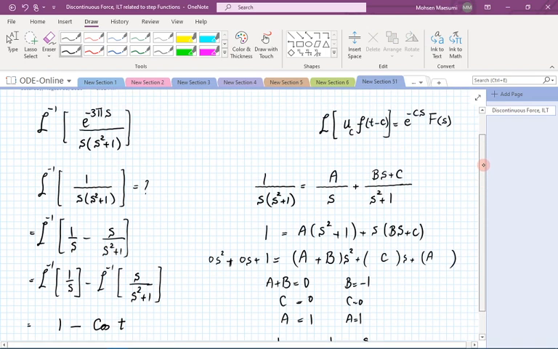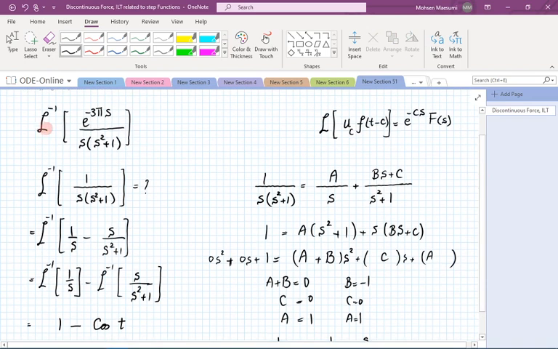Okay, so let's see what the problem was. The problem was, what's the inverse Laplace of this? He said put aside the exponential. Go ahead and figure out what's the inverse Laplace of whatever is left. Who is that? That is f of t.